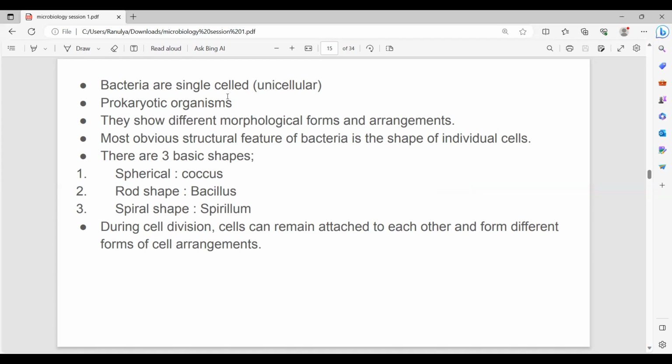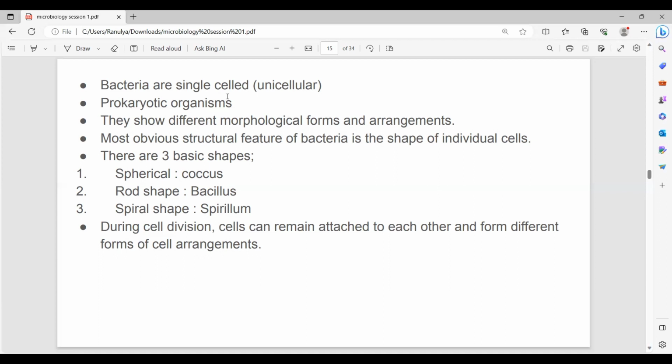During cell division, cells can remain attached to each other and form different forms of cell arrangements. You know, during cell division, they do reproduction, right? In reproduction, cells are dividing. During that cell division, cells remain attached to each other.